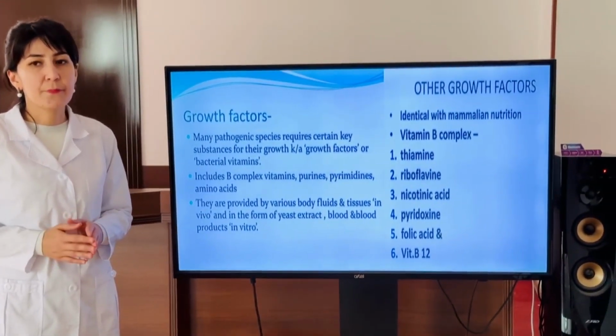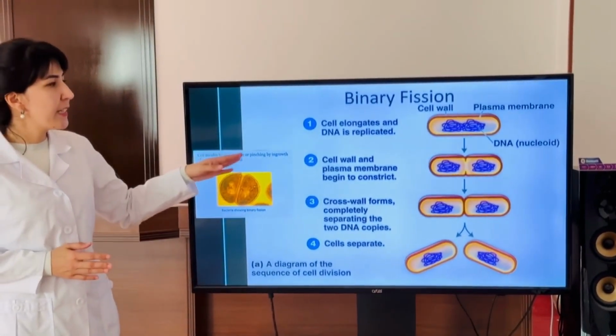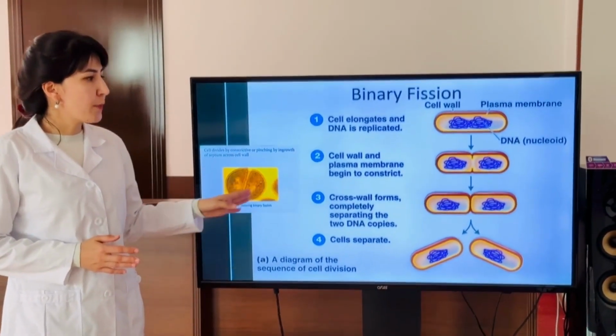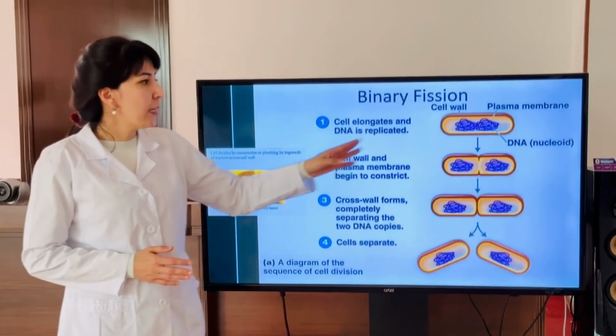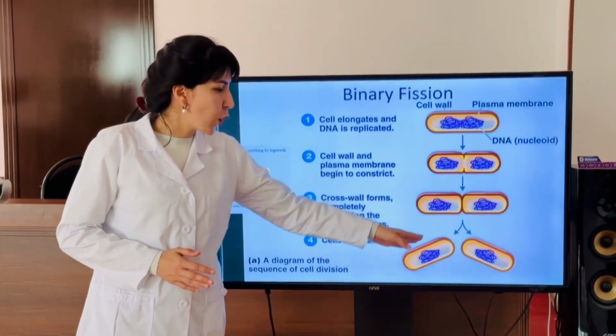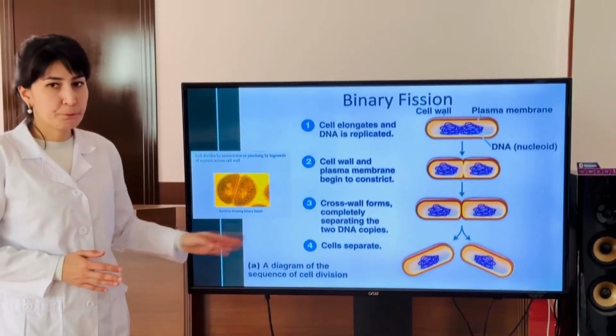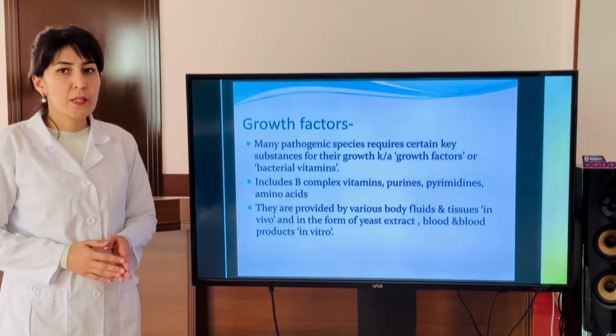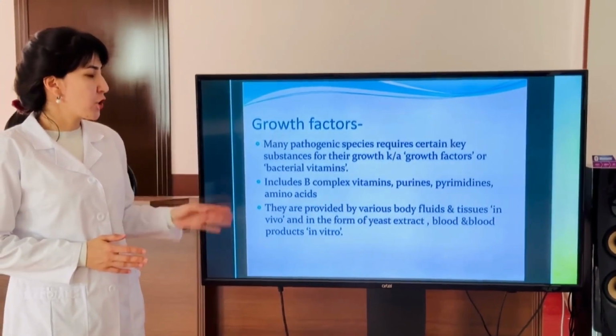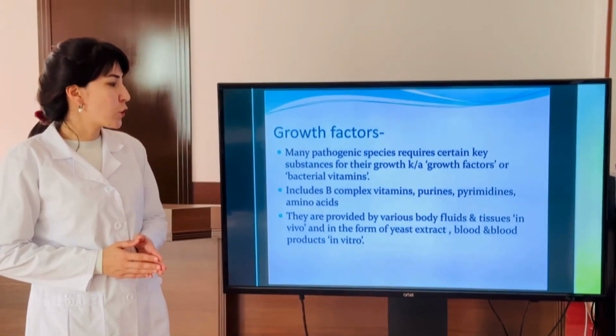Here we can see the binary fission of bacteria, how they divide. In the picture we can see the dividing methods.